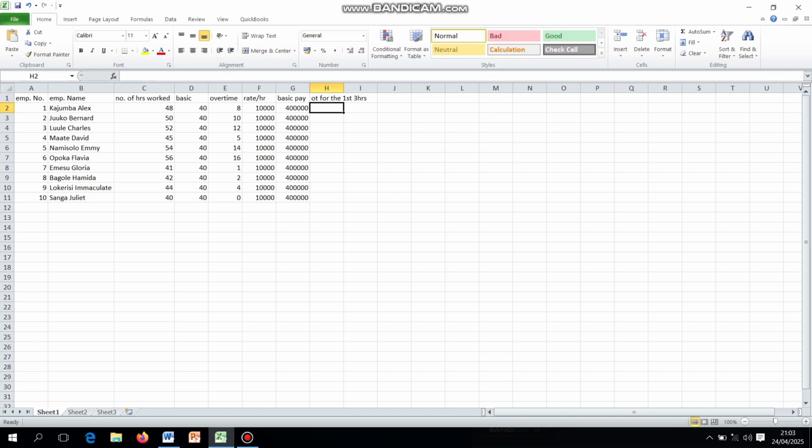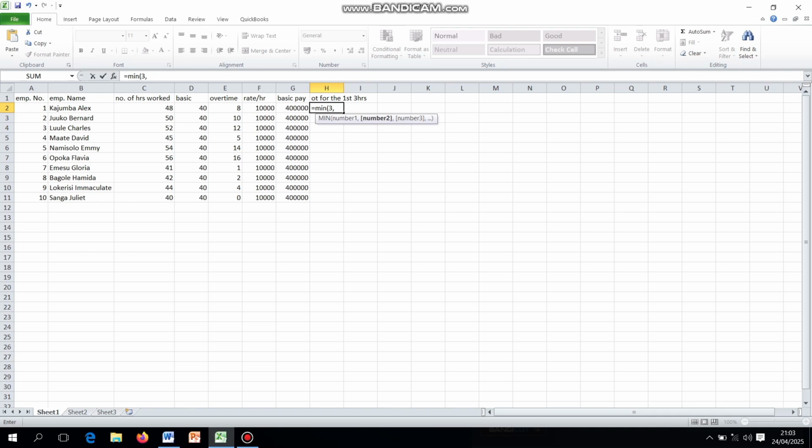So I'll come here to get it. I'll use our formula which is equals. I will write min, and open the bracket. It will bring us the formula, and for number 1 we shall put 3, because it is a minimum hour, because they said the first 3 hours, so 3 is the minimum. After writing that 3, I'll put the comma. You'll see they give us number 2.